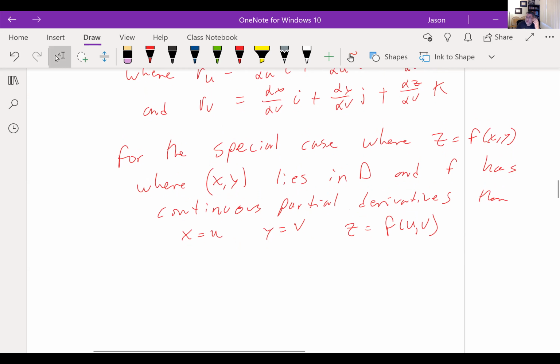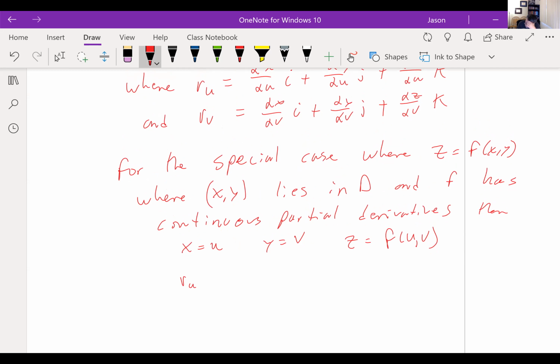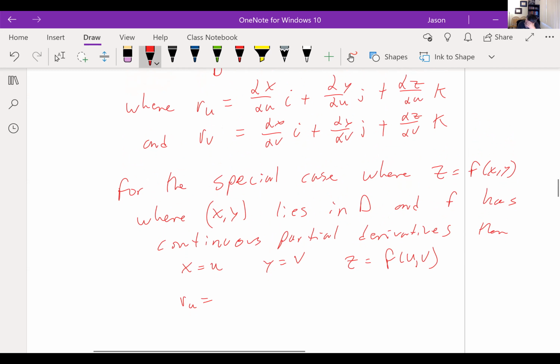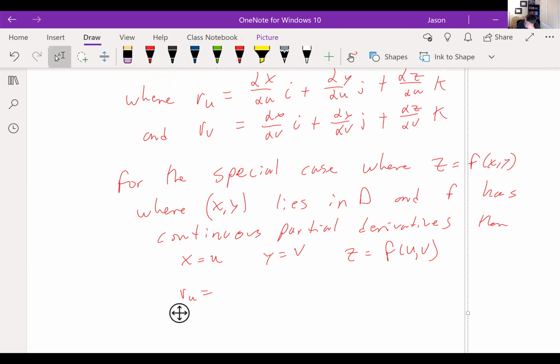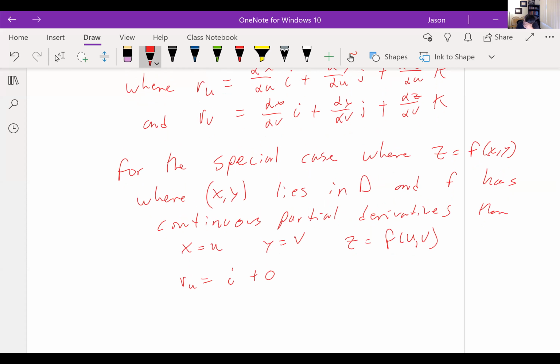So what would r_u be? r_u would be dx du. Well, that's just 1. That's just i. Plus dy du. Well, that's just 0. And then dz du. Well, that's just the partial of f, partial of u.